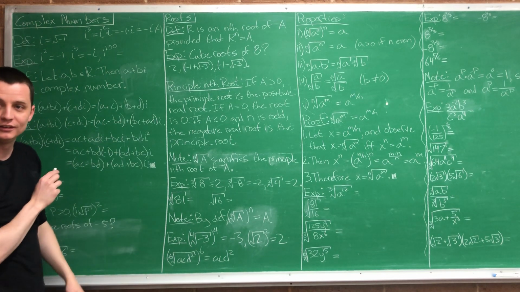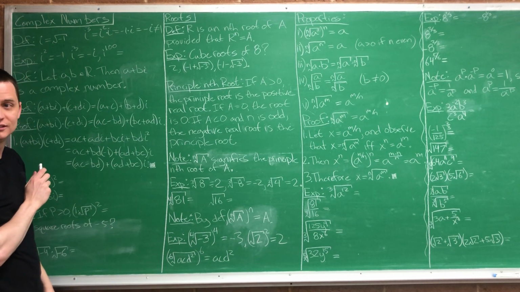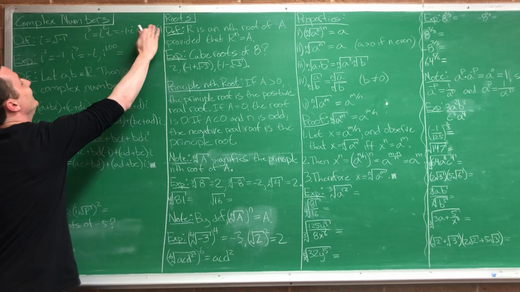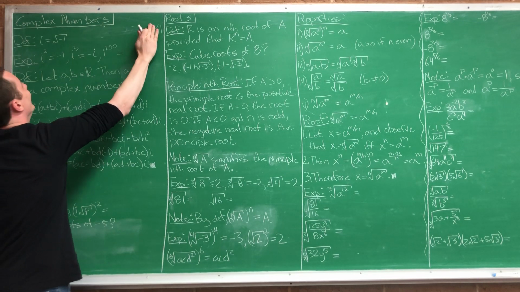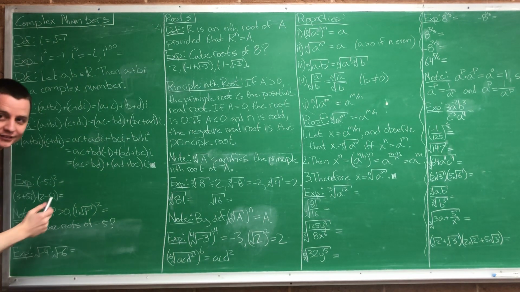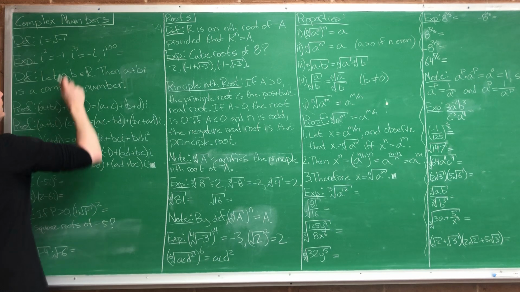Negative i is the same thing as negative 1 times the root of negative 1. I is the same thing as the root of negative 1. And then times that by negative 1.